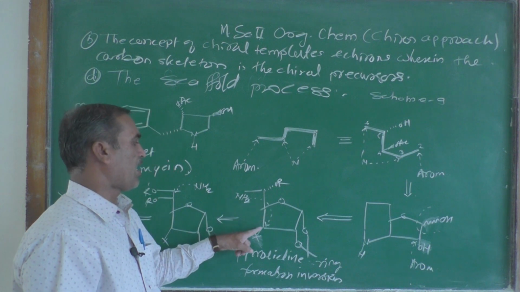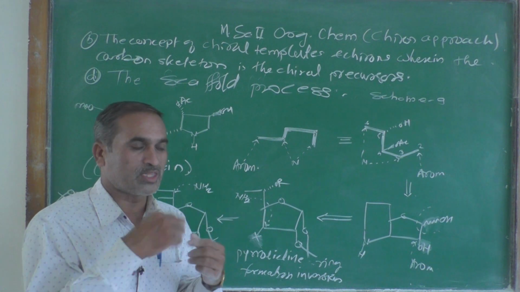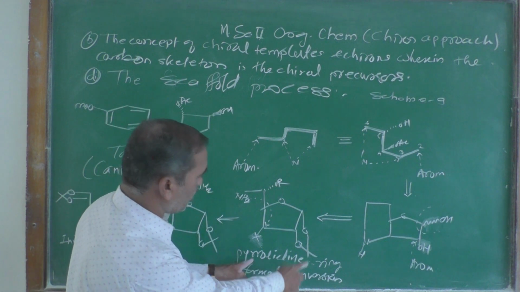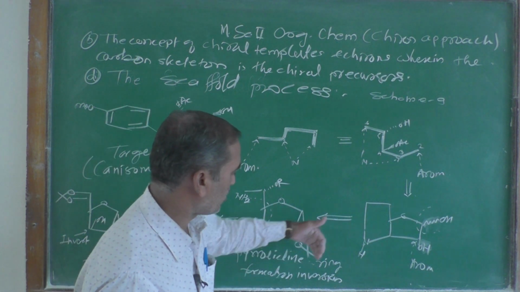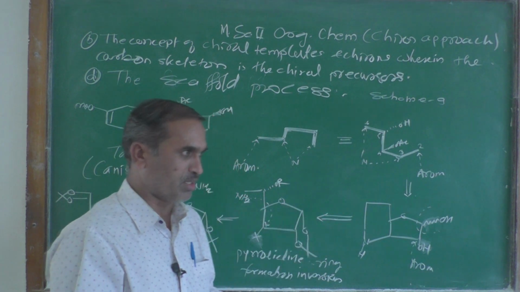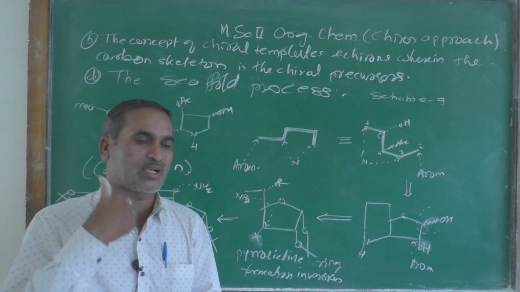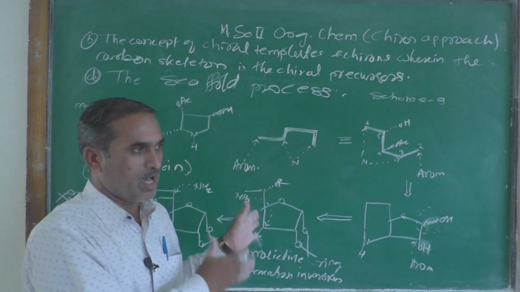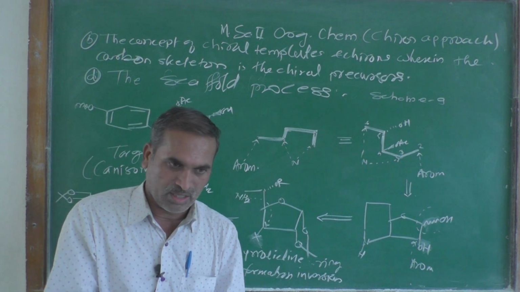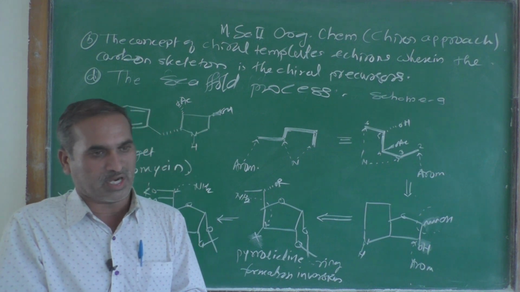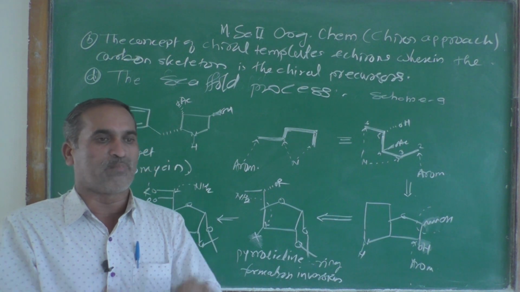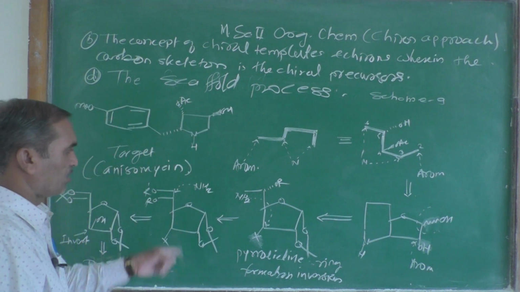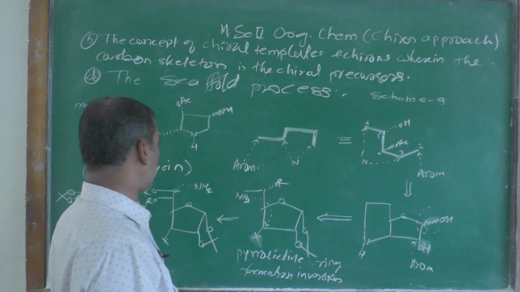It can attack this with stereochemical control, and we will get the pyrrolidine ring formation with inversion. Inversion means a complete inversion: if you have an R configuration in an optically active substrate, when the product is formed it should be the S configuration. So that type of thing is happening here.